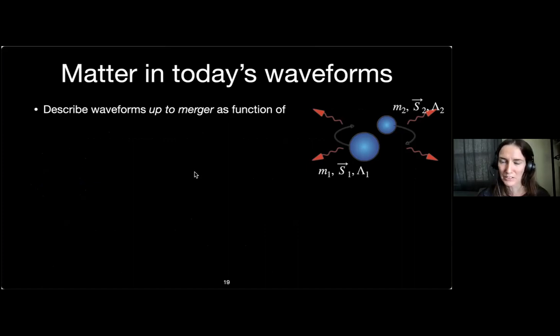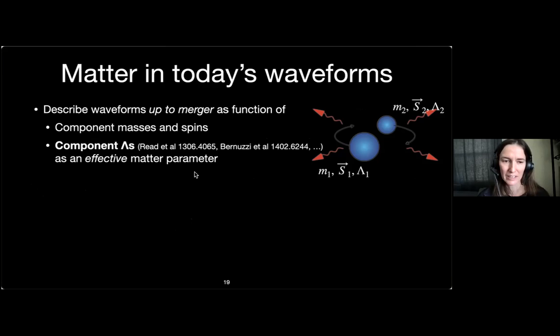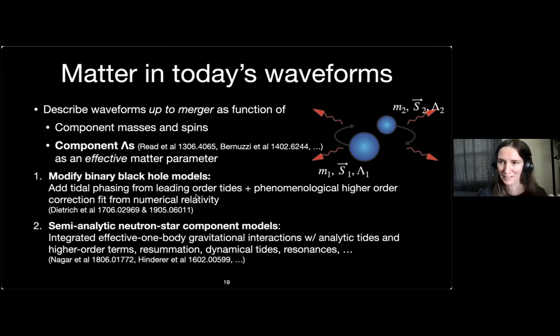So when we are describing our waveform models for the gravitational waves coming from an orbiting binary, we'll have the component masses and spin, and we also use this tidal parameter as an effective matter parameter, which has been mapped from this linear approximation through a full analysis, which I won't really get into.